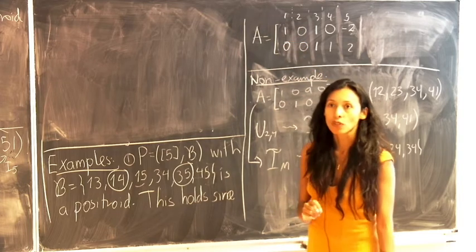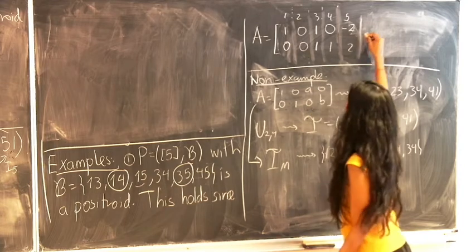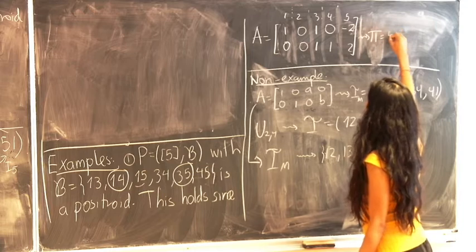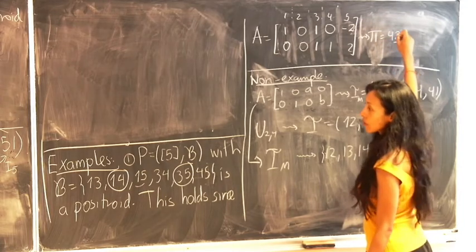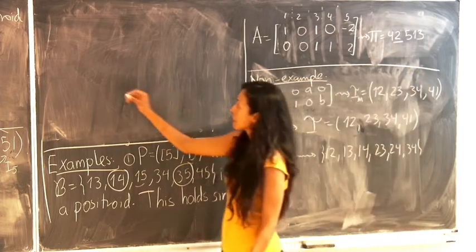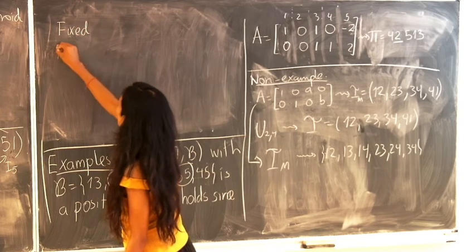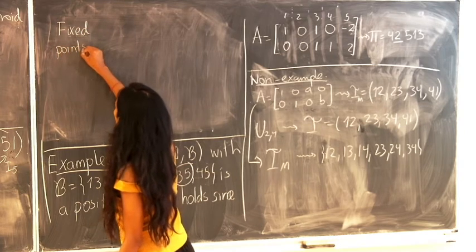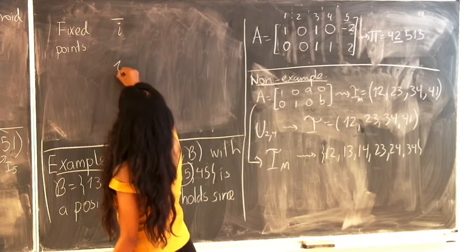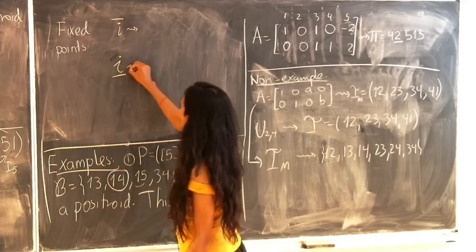So this was our original example, and the permutation that we just associated to this positroid is the permutation 4, 2, 5, 1, 3. So the fixed points: if we have overline or underline, this is due to what?